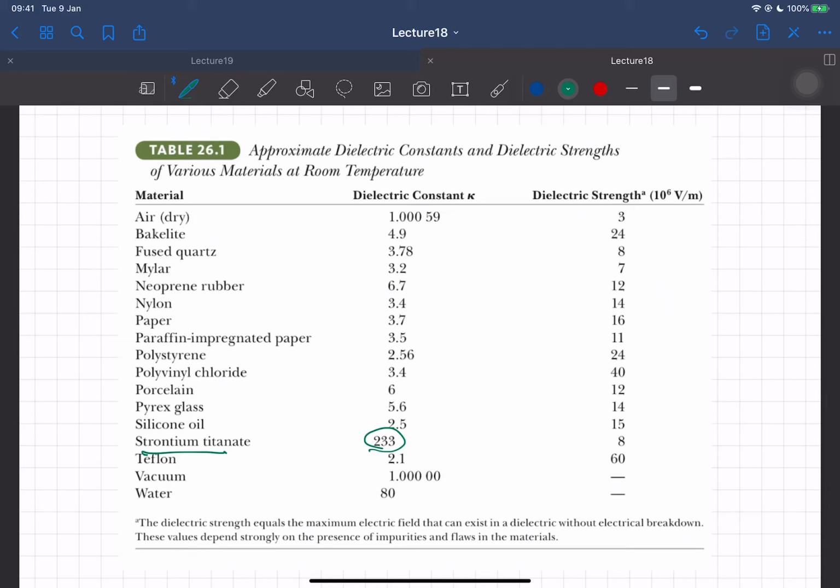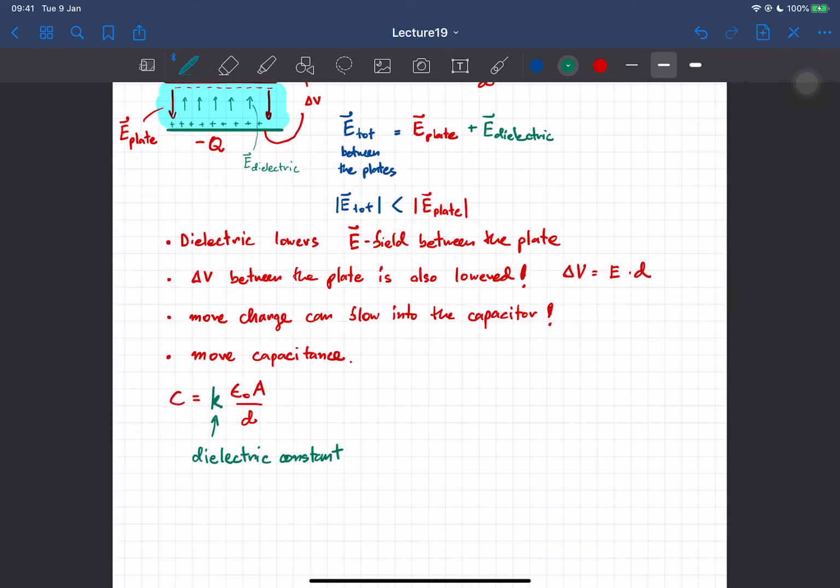This is how most modern capacitors are made. It's not just two parallel plates with air between, because that's going to give you way less capacitance. So most of the time you're going to have some kind of dielectric in between.